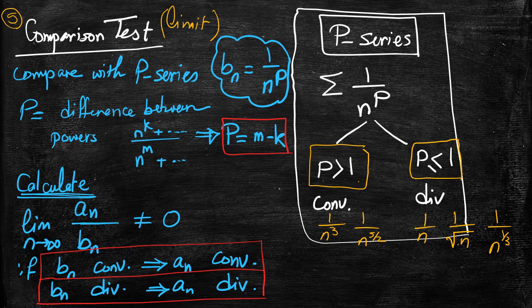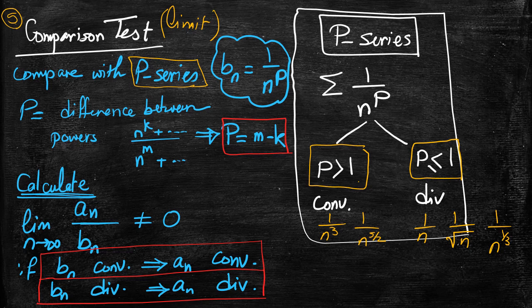Returning to our test, we are comparing with a P series, which is 1 over n power p. Where is this p from? P is just the power of the denominator minus the power of the numerator.